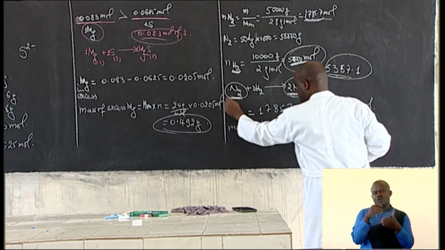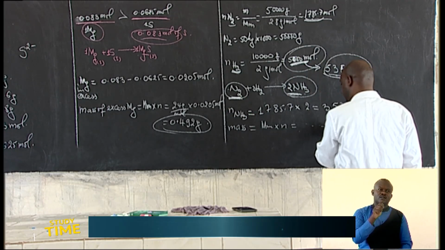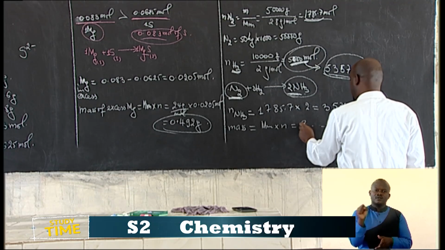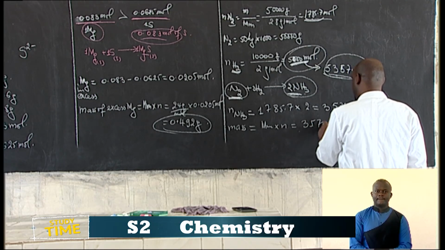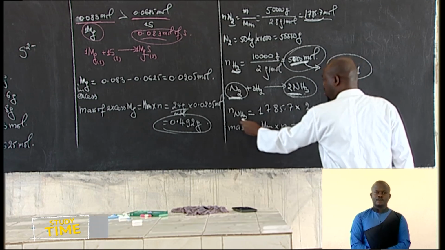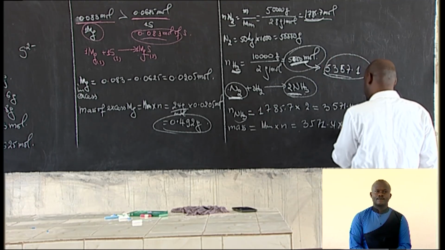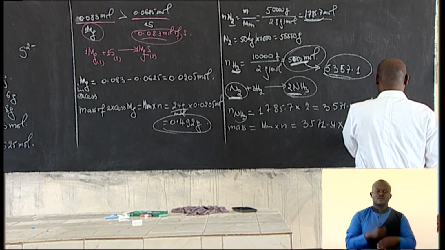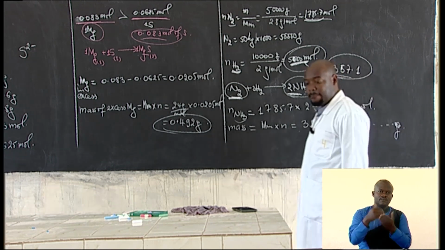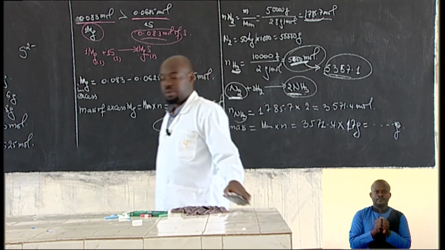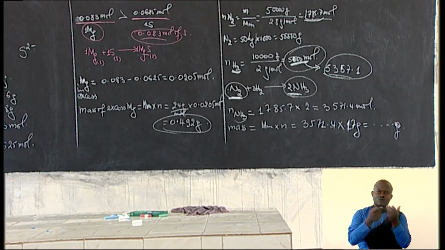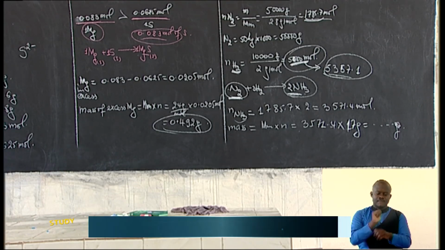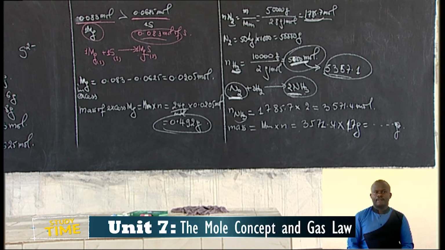So this is the limiting reagent, and for the mass, you can substitute 3,571.4 times the molar mass of ammonia, which is 17. And then you find the mass in grams. Very simple. So you use your calculator to determine the final answer.